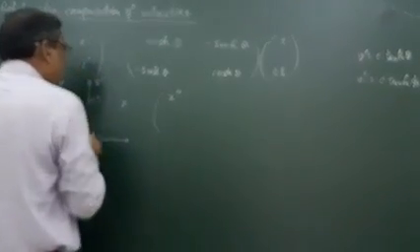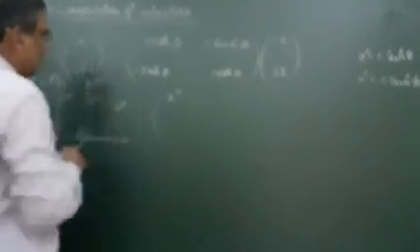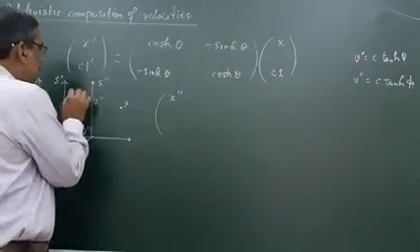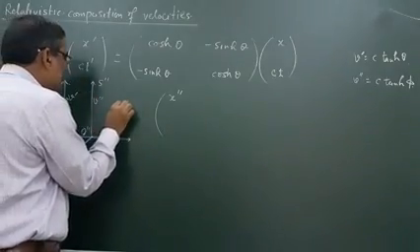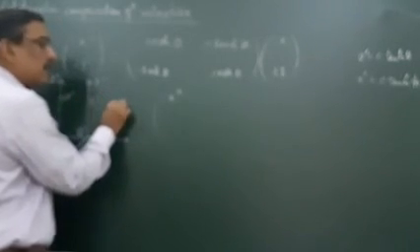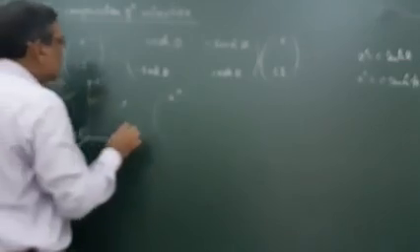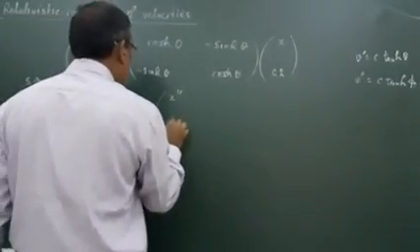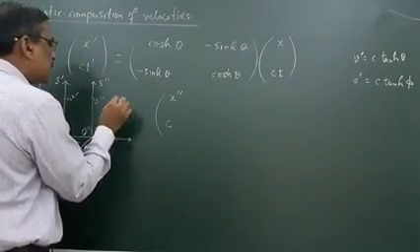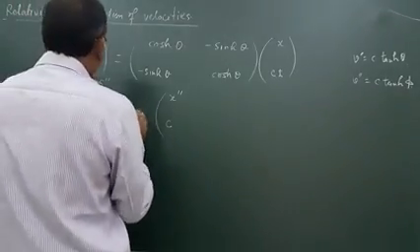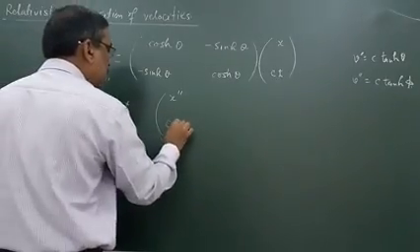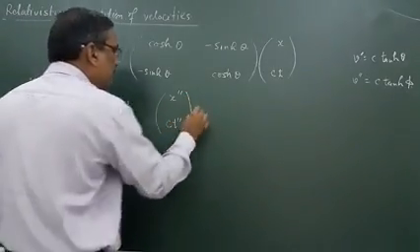The coordinate of this event is x in the first coordinate system, x dash in the second, and x double dash in the third frame. Time with respect to the first frame is t, with respect to the second frame it is t dash, and with respect to the third frame it is t double dash.